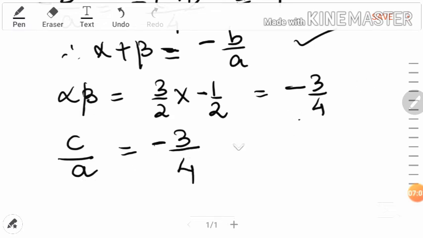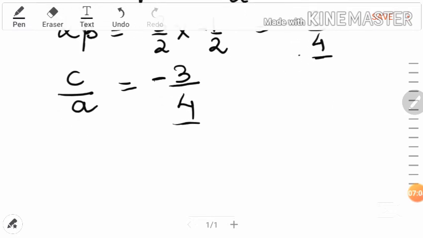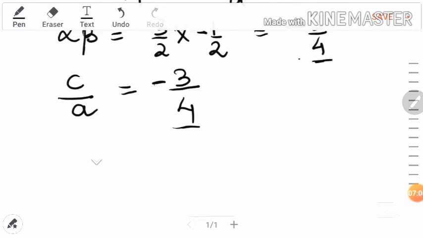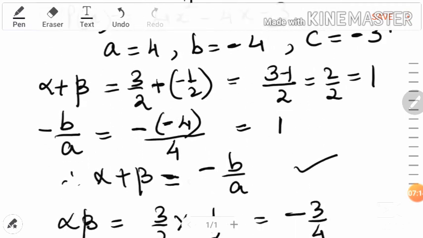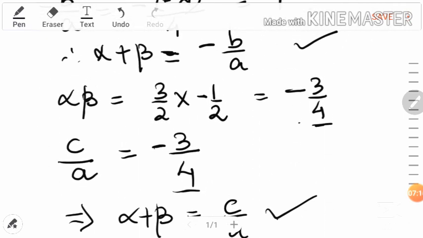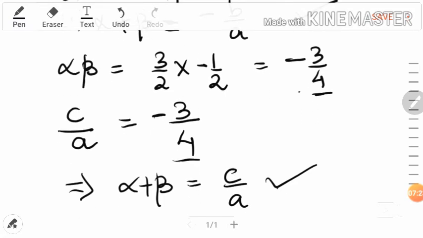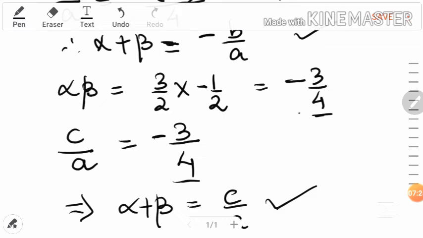So both results are equal. This implies alpha into beta is equal to c upon a. So we have verified the relationship of sum of roots and the product of roots with the coefficients of the polynomial.